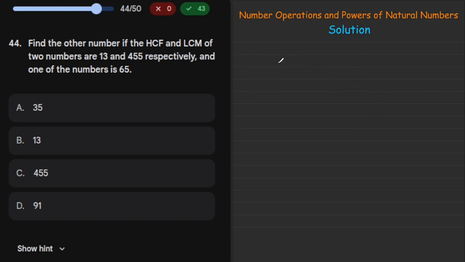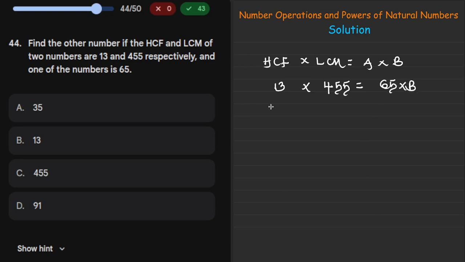So I said the rule is the highest common factor times the lowest common multiple is simply the product of the two numbers. In this case, we have the highest common factor being 13 times 455, and it's equal to 65 times b.